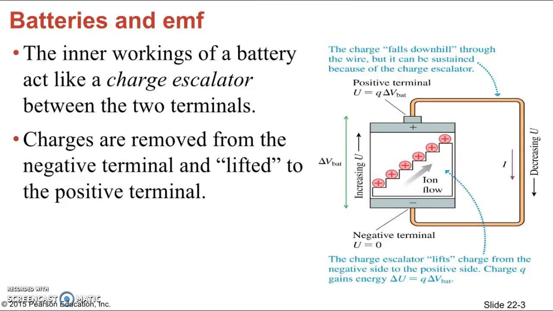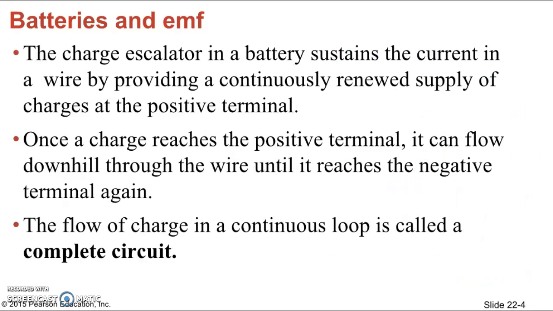The higher you are away from the ground, the more potential energy that object has. Right? So as the charge moves through the circuit, it's going to lose this potential energy as it flows downhill through the wire until it reaches that negative terminal. The flow of charges is in a continuous loop. We call this a complete circuit.